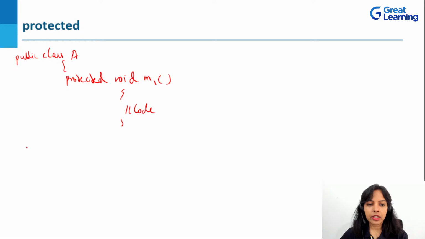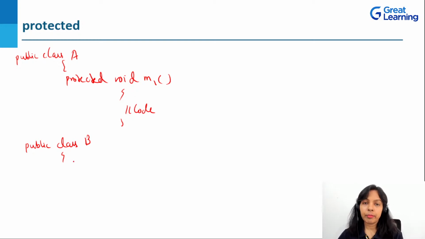Now suppose I am creating a child class here, public class B. Inside this, if I want to access this method m1, will I be able to access it? Yes, but how? You have to extend this class: extends class A. Then you can make use of it by overriding it.